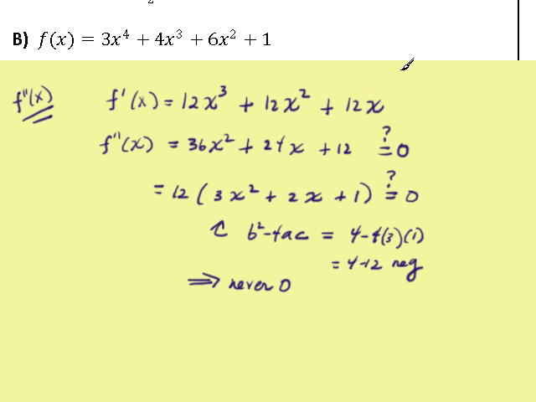That means that this is always either concave up or concave down. Well, all we have to do is substitute in one value and we see it's positive. So that means always concave up.